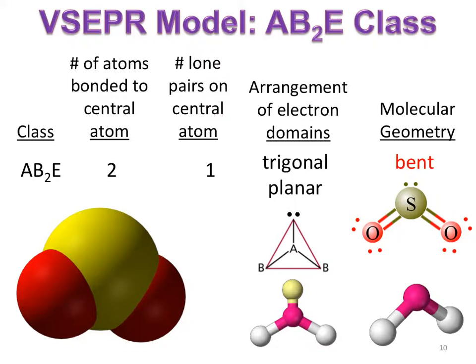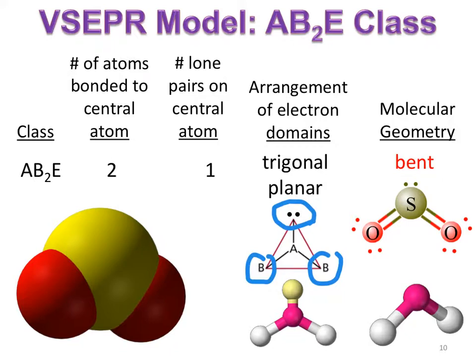In this first one, the AB2E class, we have 2 bonded atoms and 1 lone pair of electrons for a total of 3 electron domains. If we go back to the AB3 class, it had 3 electron domains. This similarly has 3 electron domains, and the geometry is the same, trigonal planar.